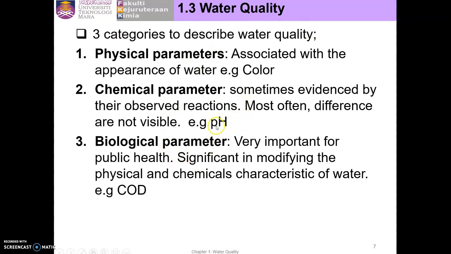So normally kita boleh tengok melalui pH. Okay. And number 3, this is biological parameter. This is very important for public health. Okay. Significant in modifying the physical and chemical characteristic of water. Okay. For example, COD.